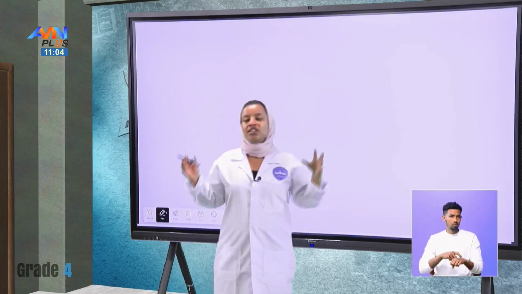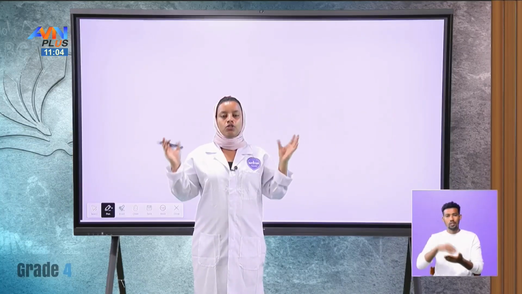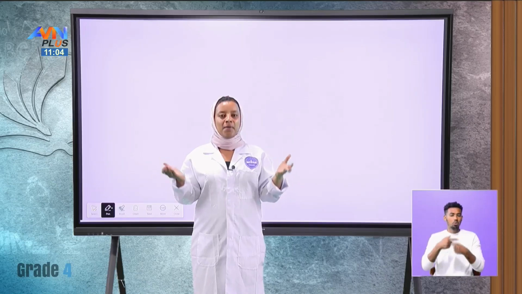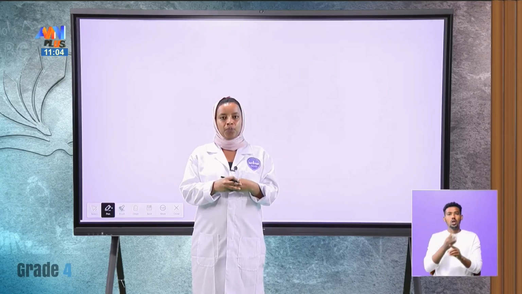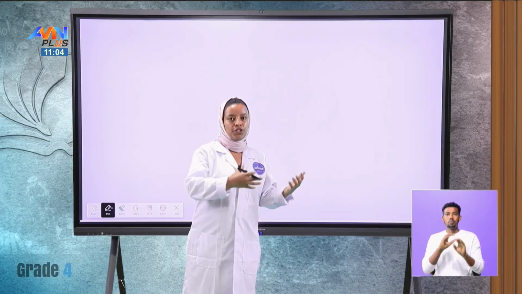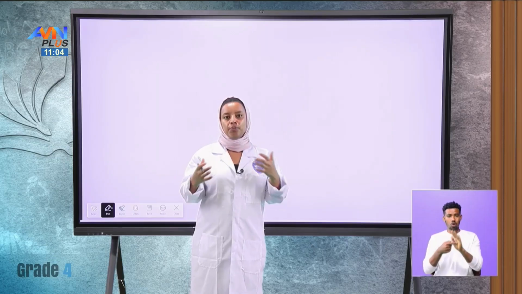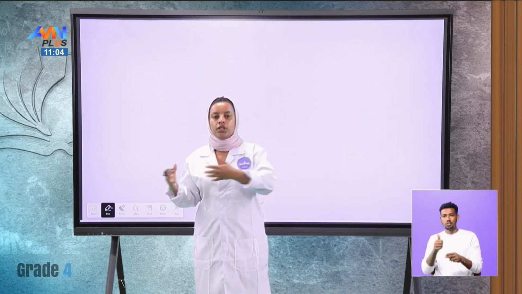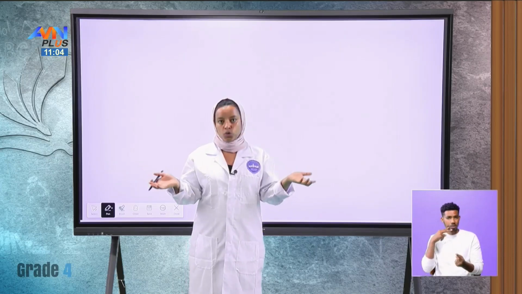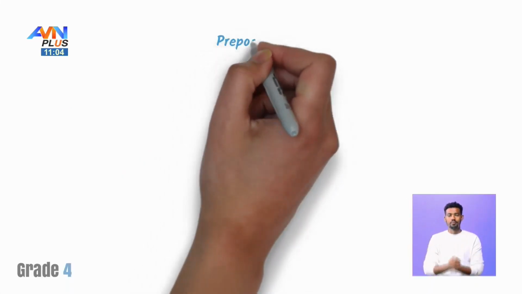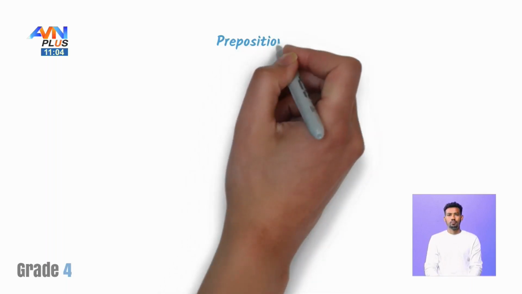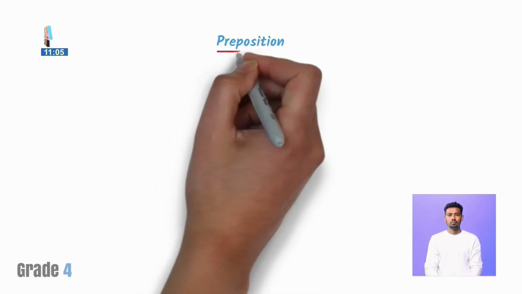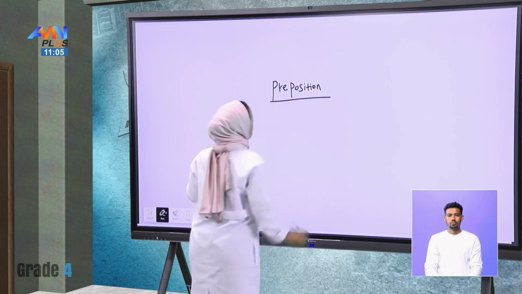Let us start today's lesson. Today, we are going to learn about preposition. Preposition is a part of speech that shows the relationship between a noun and other parts of speech. It might be a verb also. So here is the topic, preposition.